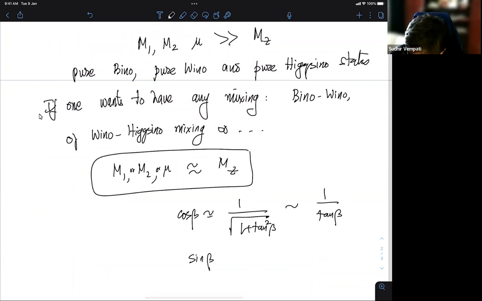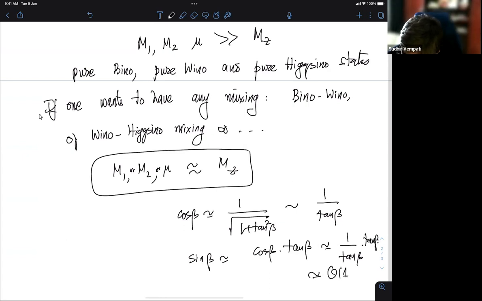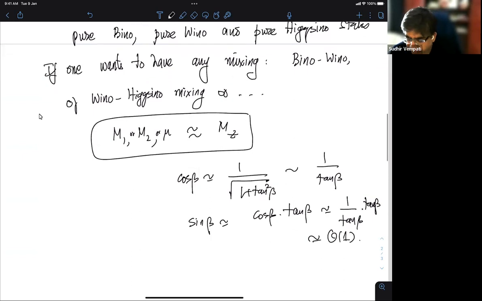Sin beta is cos beta times tan beta, so it is 1 by tan beta times tan beta, which is order 1. So the only thing which can play a role is cos beta, whenever there is a cos beta with respect to tan beta.